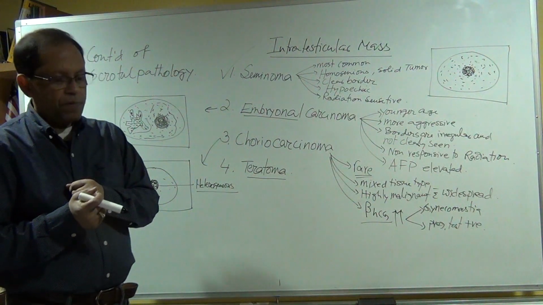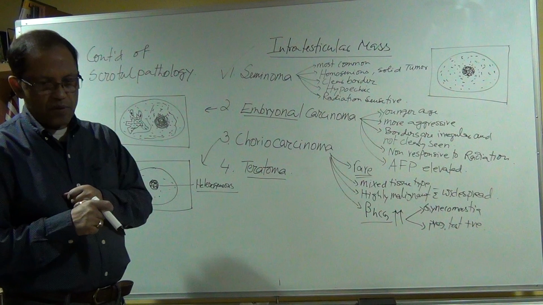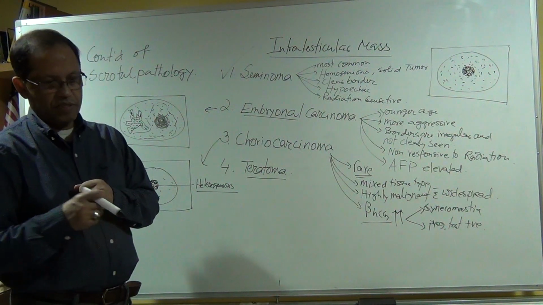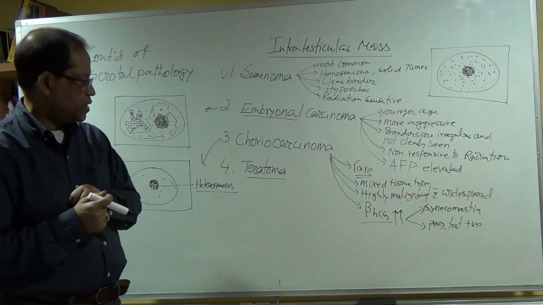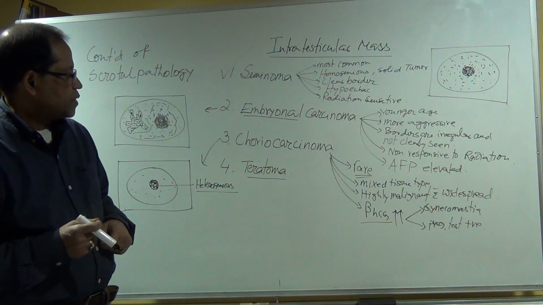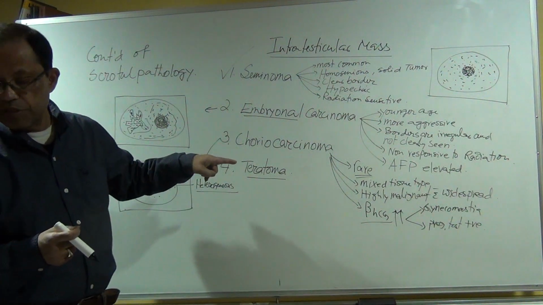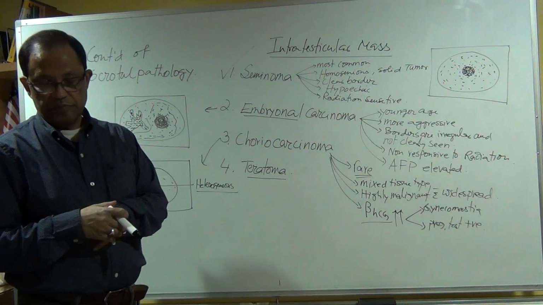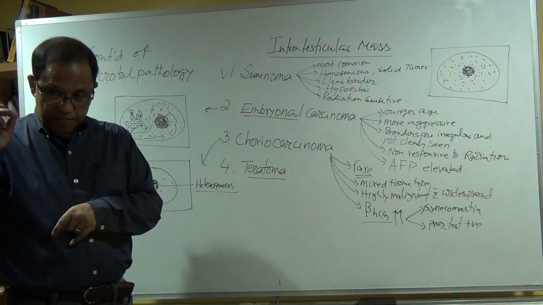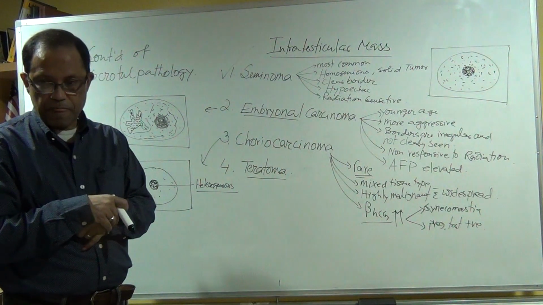This teratoma has types: dermoid type, cystic dermoid, solid dermoid. And this teratoma is usually very common in infants and children. But the adult version, if it is found in an adult, is always malignant.